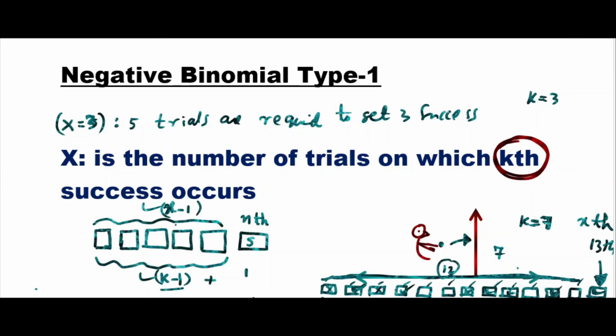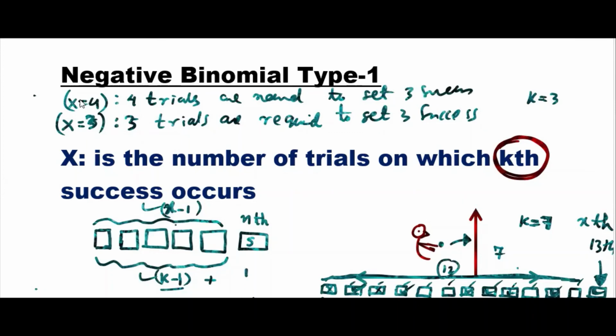Then you can write this also. X is equal to 4. This is another event. This is the event that 4 trials are required to get 3. Remember, in geometric it's 1, in negative binomial it's fixed k.